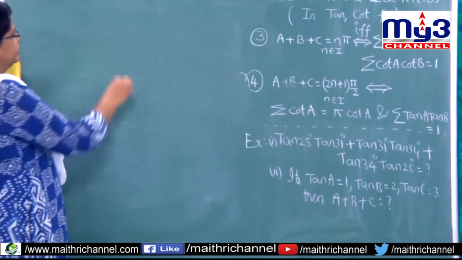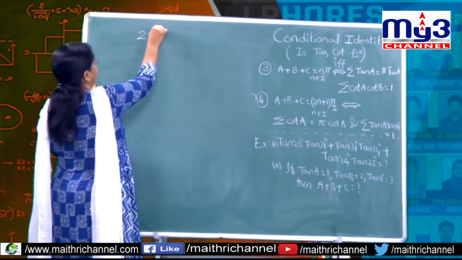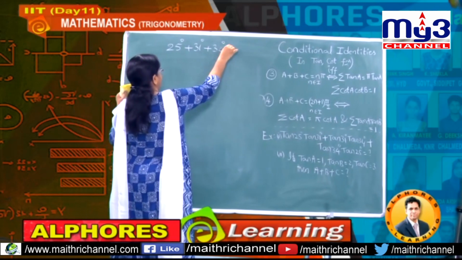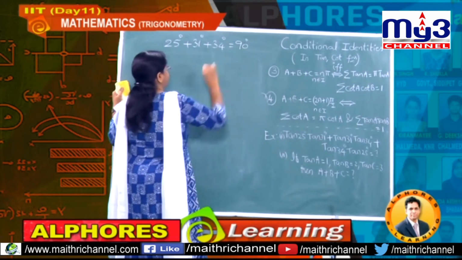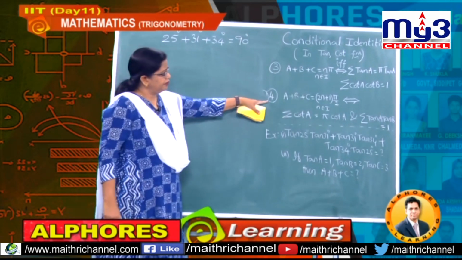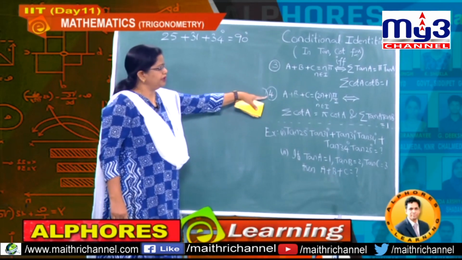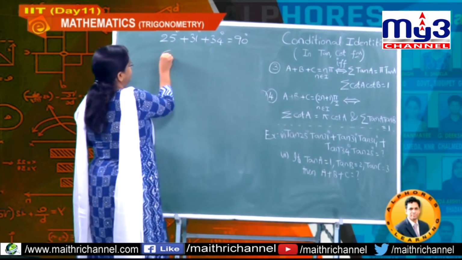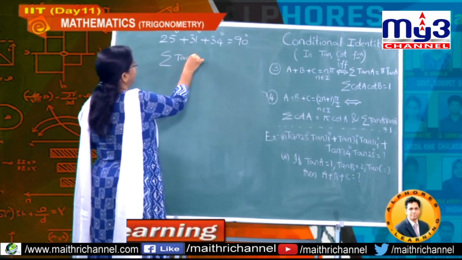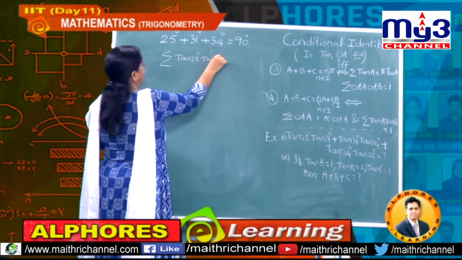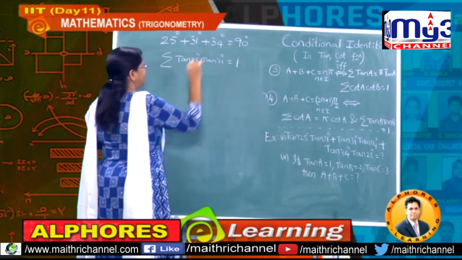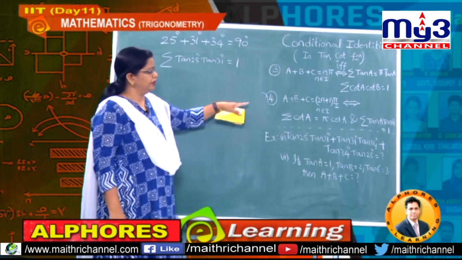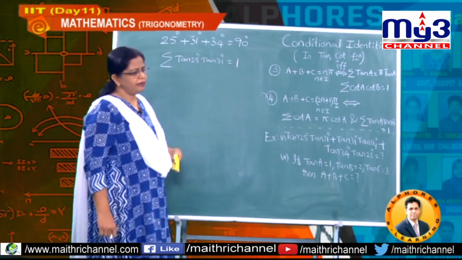The angles are in such a way that 25 degrees plus 31 degrees plus 34 degrees equals 90 degrees. Then if you put n as 0 here, A plus B plus C equals 90. Therefore by using our formula, sigma tan 25 degrees into tan 31 degrees, what is our answer? It is 1. That's it, over. Understand students? It is very easy if you are able to remember this kind of formulae.